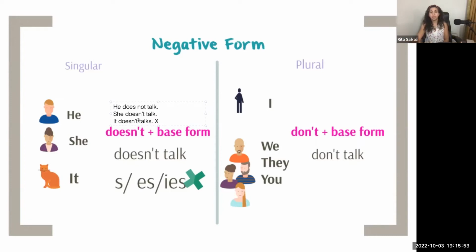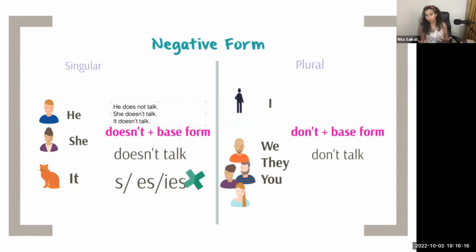The reason why it's not correct is that if it is in negative, we have to use does not, and we have to keep the main verb in base form, which means it's not conjugated. Yeah? Any questions so far? All right.